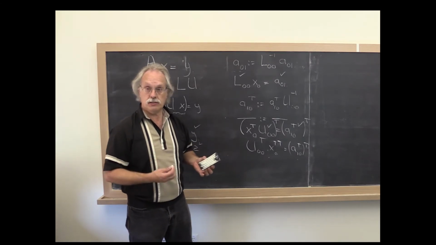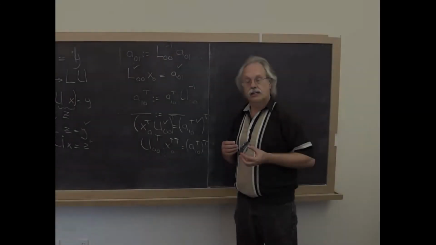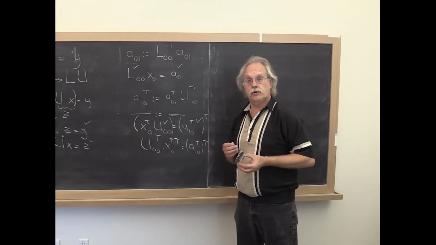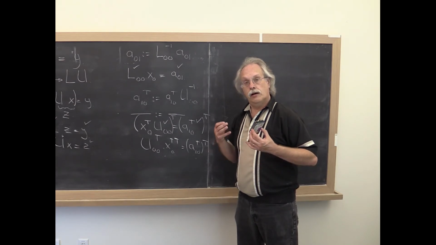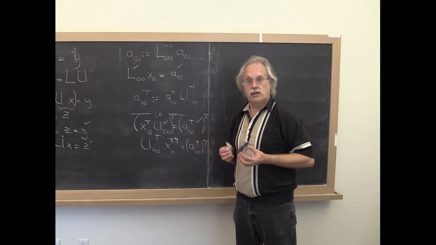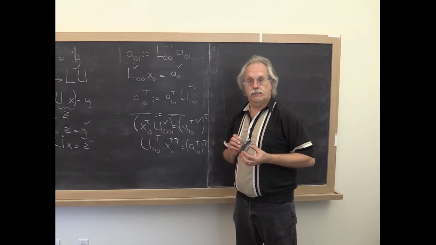How can we summarize all of this? Remember that there is this interface called the basic linear algebra subprograms, and one of the operations that it supports is triangular solve.